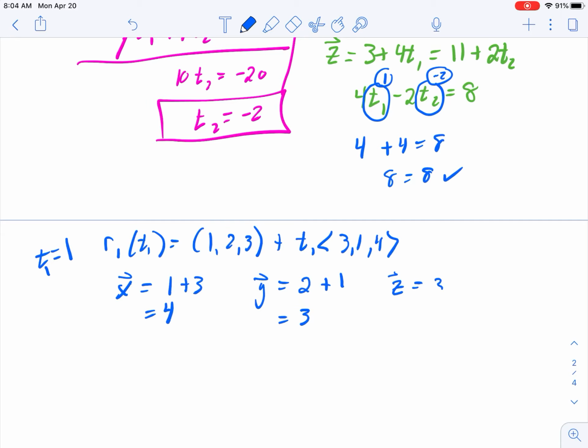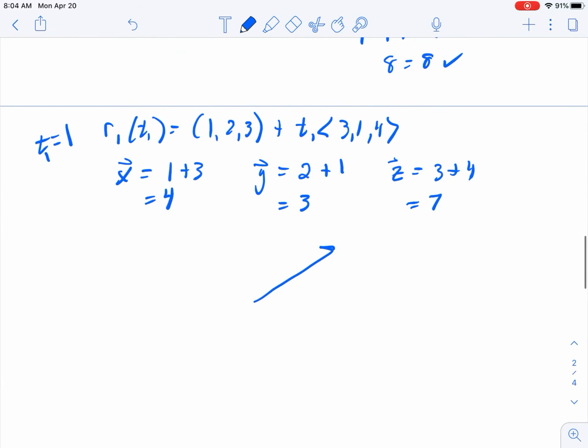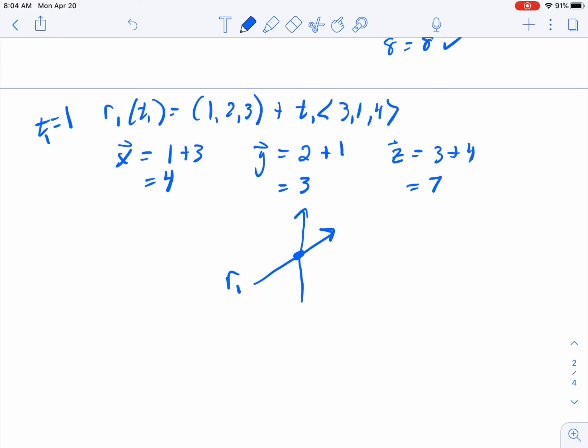And z component would be 3 plus 4, or 7. All right, so you have two things crossing here. R1 is going to be at this location of 4, 3, 7 at a time of 1 second.